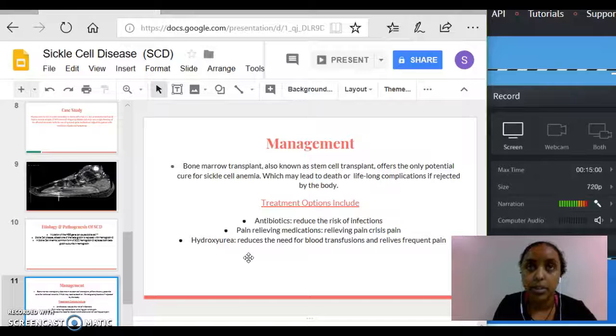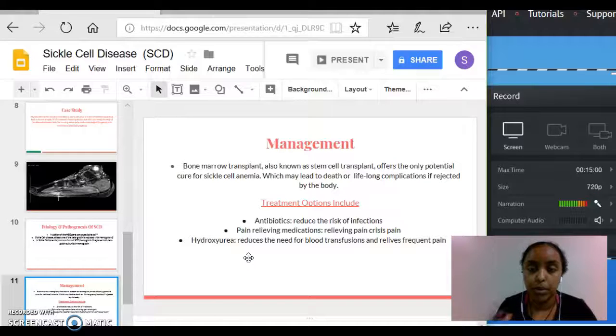Management. Technically, there is no cure for sickle cell disease except for a bone marrow transplant. This is not really done unless it's urgent, mainly for younger kids who have the progressive, worst side of SCD.